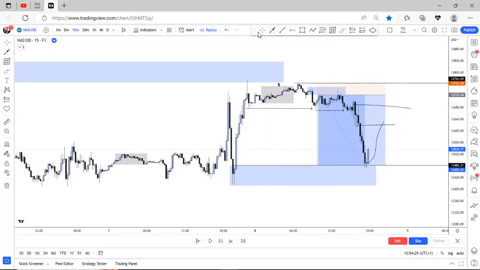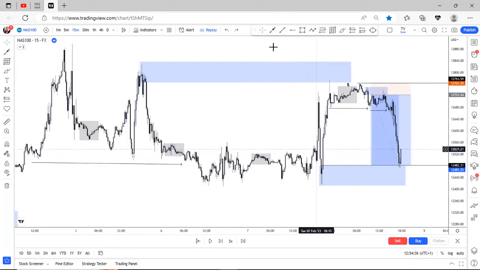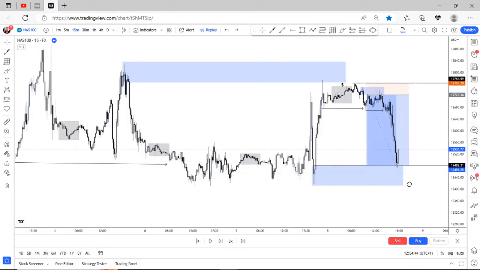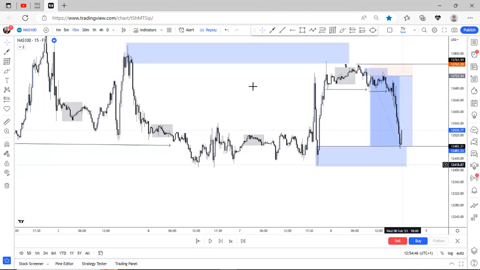Also, I am an intraday trader. I want to be in and out of my trades in a day. I'm not interested in holding trades for too long. So you want to make sure you are getting out of your trades at strategic places and psychological levels in the market so that you can secure your profit.